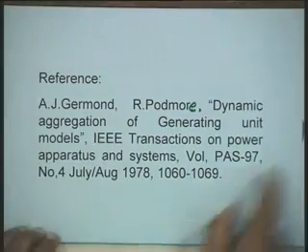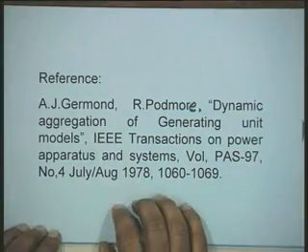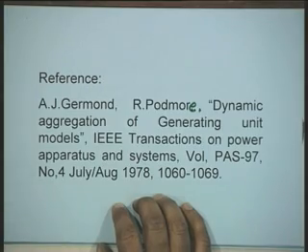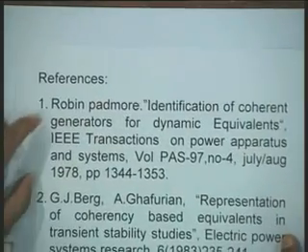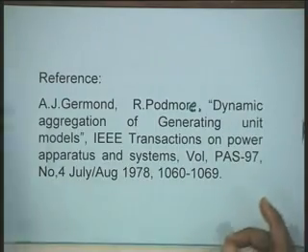While this paper is considered a companion paper of that one, these two papers are practically put together. They appeared in the same year and in the same issue of the IEEE Transactions, right. They deal with two aspects. One aspect is how to identify the coherent group of generators, and the second aspect is how to aggregate them.